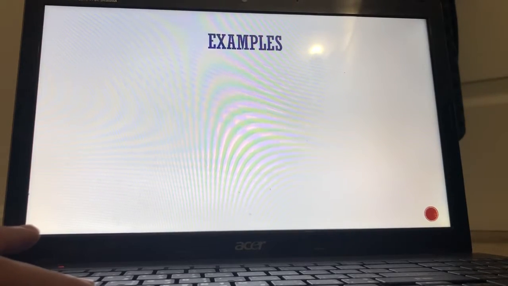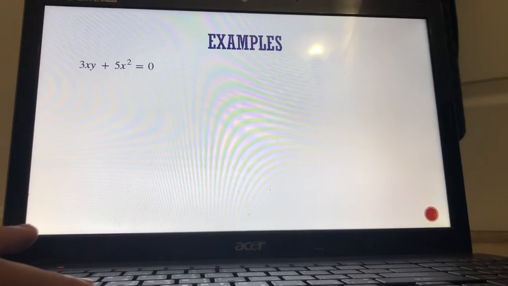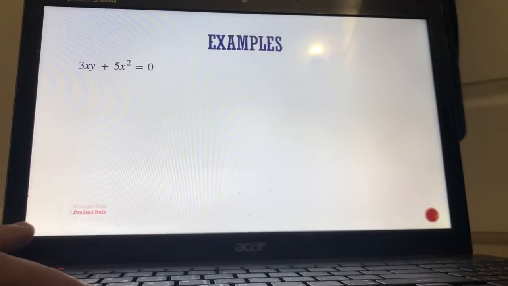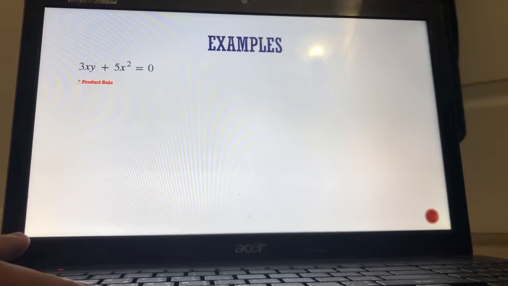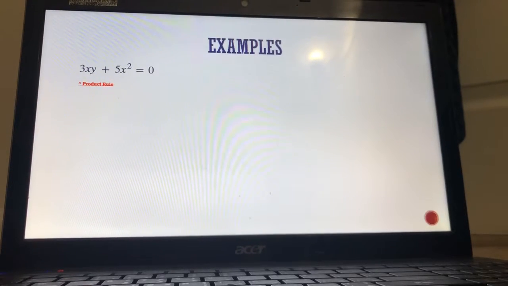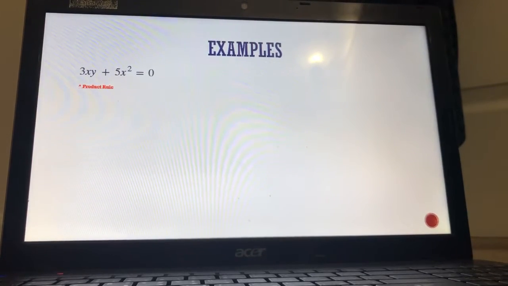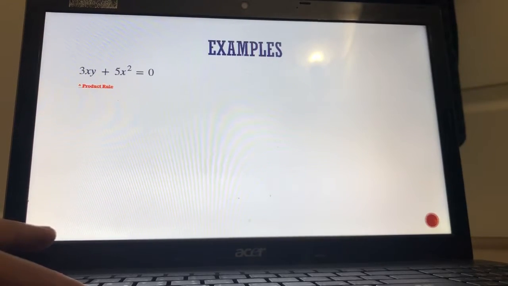We're going to start with some examples. So we've got 3xy plus 5x squared equals 0. This is a product rule since x and y are being multiplied together.